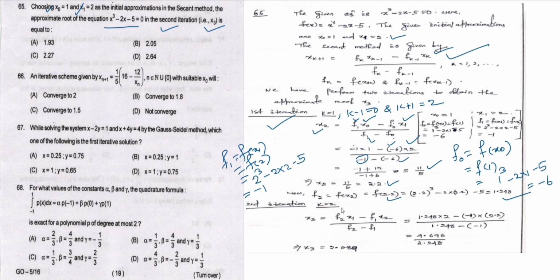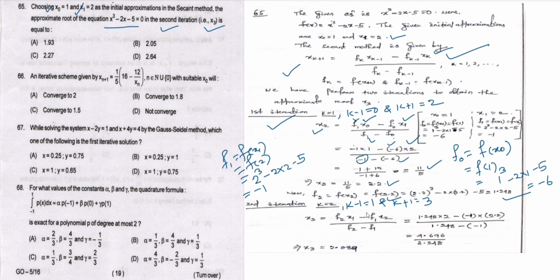If we use k equal to 2, then k minus 1 will be 1 and k plus 1 will be 3. So for k equal to 2, the secant iterative method gives us x3 equal to f2 into x1 minus f1 into x2 whole divided by f2 minus f1.